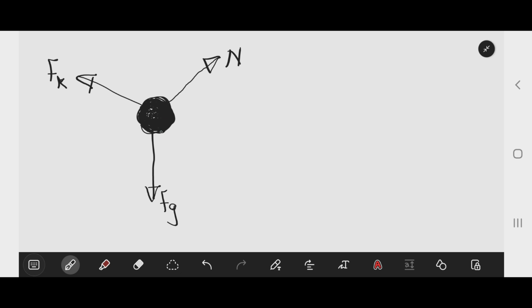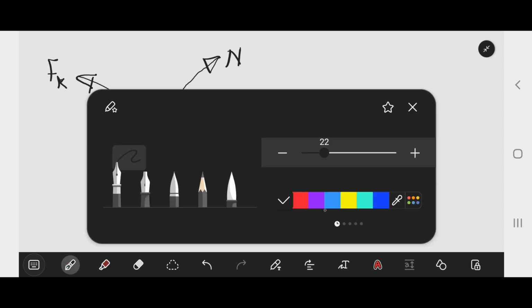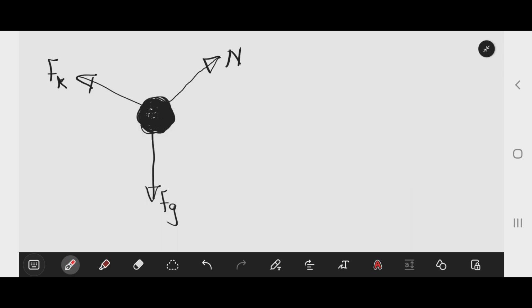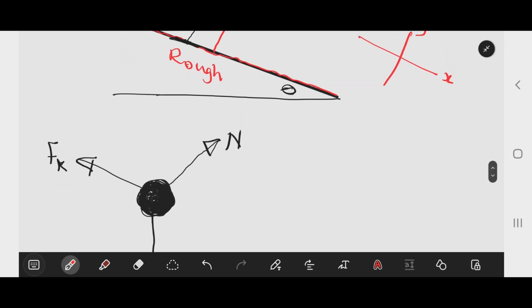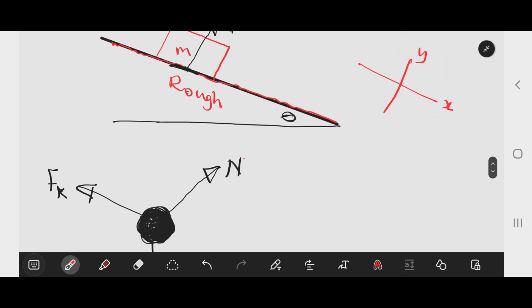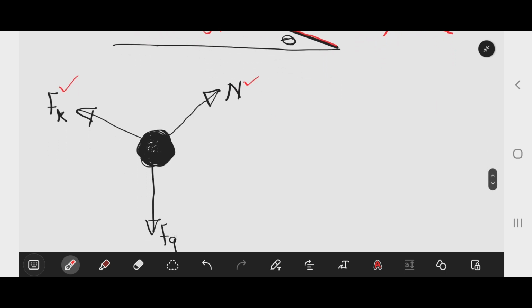So step number 3, we resolve any forces which are not in the system of axes. Remember, when it is an inclined plane like this, we use the x-axis and the y-axis, right? And you can see that the normal force is in the y direction, Fk is in the x direction, but Fg is not in the x and it is not in the y.